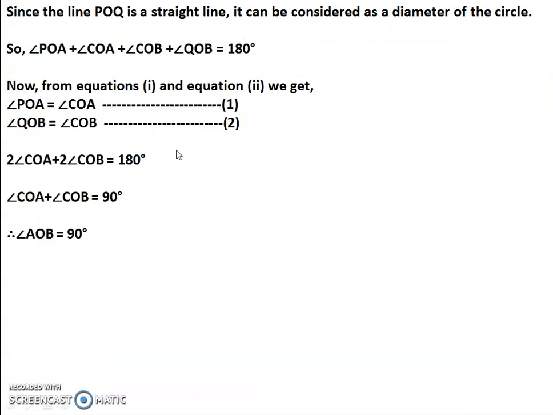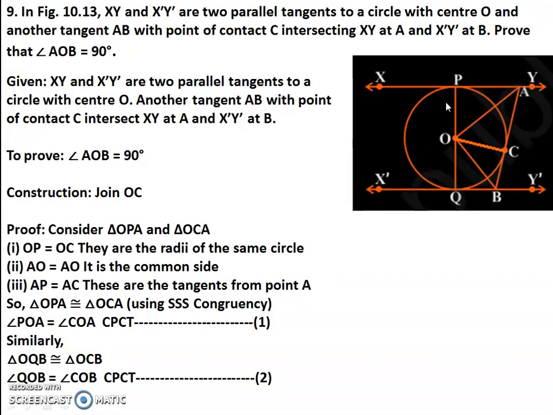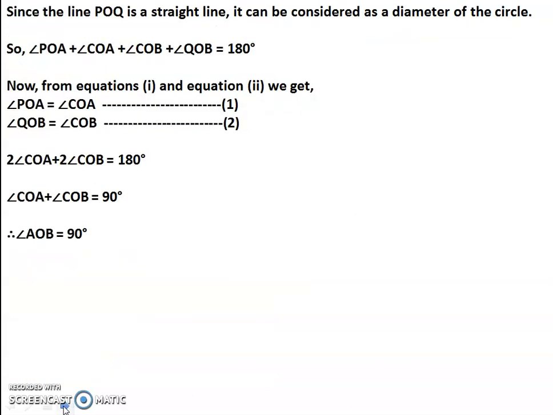Now, since the line POQ is a straight line, it can be considered as the diameter of the circle. Let's see the figure once. Here you can see the PQ line passes through the center of the circle. So, you can say that PQ is the diameter of the circle.